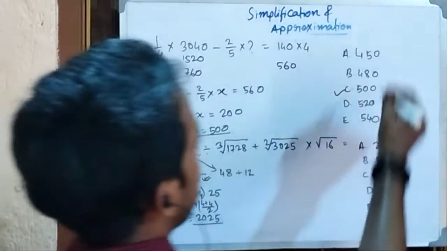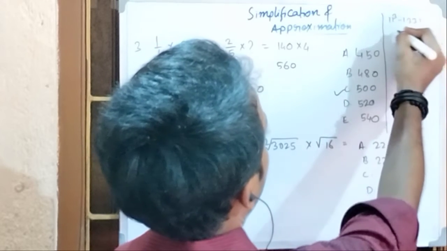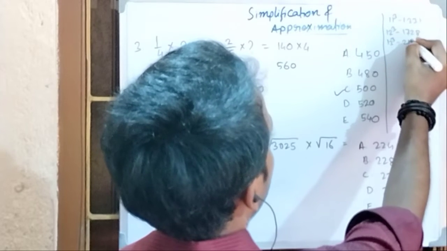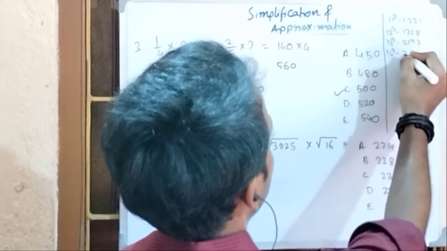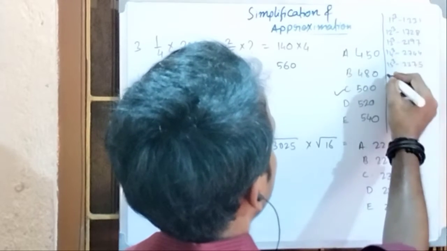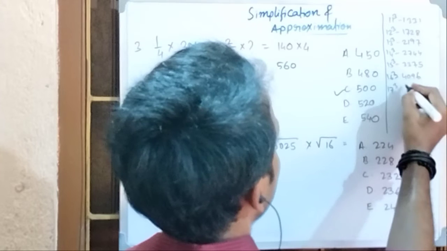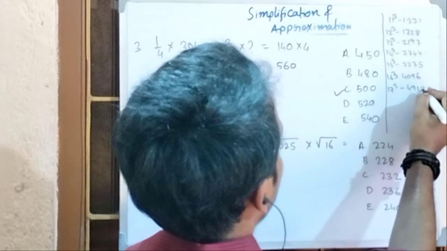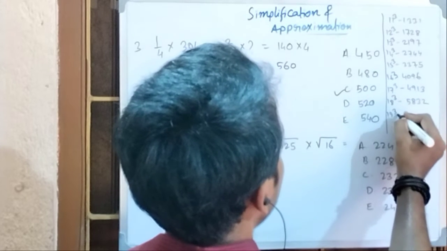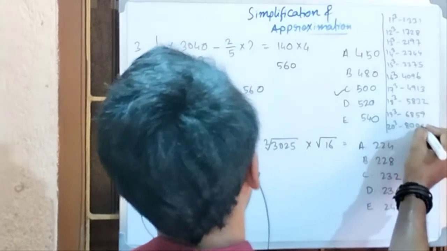I told you na, to remember this kind of stuff. 11 cube is 1331. 12 cube 1728. 13 cube 2197. 14 cube 2744. 15 cube 3375. 16 cube 4096. 17 cube 4913. 18 cube 5832. 19 cube 6859 and 20 cube 8000, right?